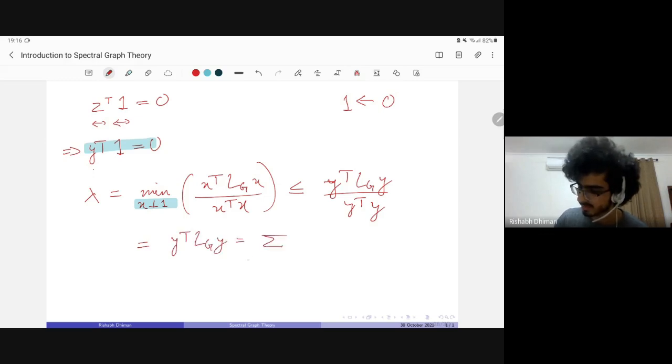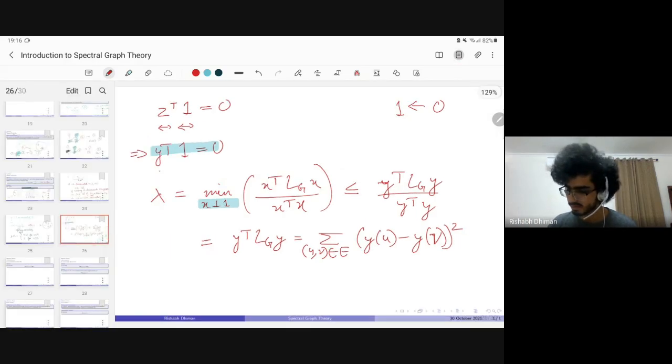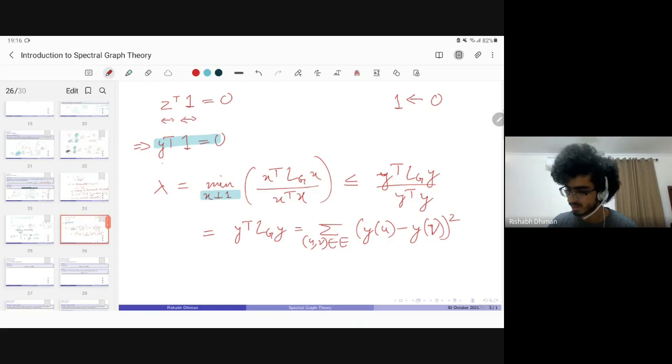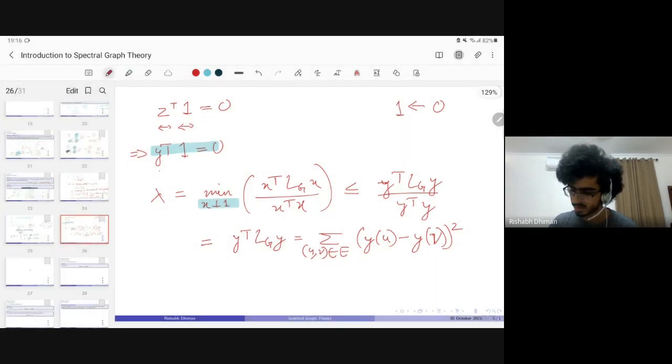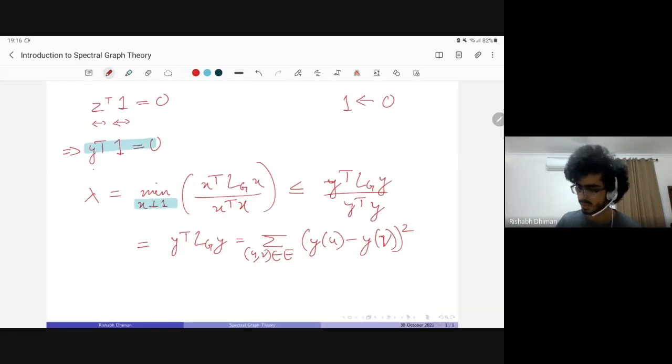So there's some uv, and this is just this value. So yeah, you'll now decompose the sum in three parts.